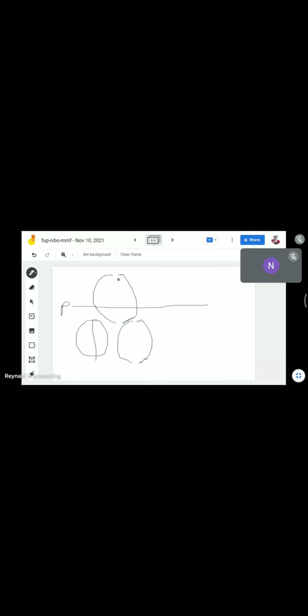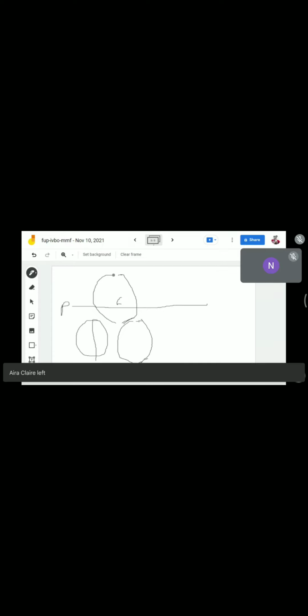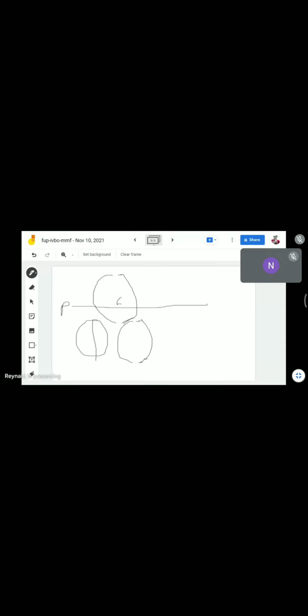Dito sa gitna, dito sa pinaghatian. Opo. Okay. So, how about dito sa ating convex? Saan nakalagay ang center of curvature? Itong convex. Dito rin sa gitna. Okay? So kung saan hinati yung mirror, nandoon ang center of curvature.